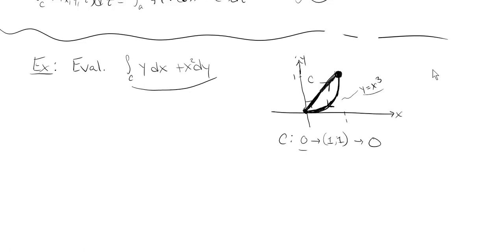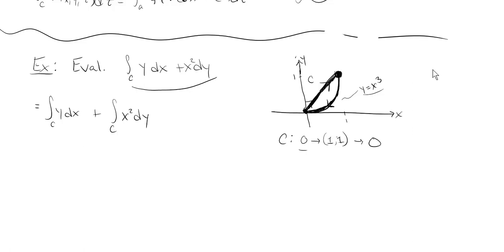Notice this is exactly what we were talking about above. This is really just y dx integrated over C and x squared dy integrated over C. Just split it up, handle these separately.